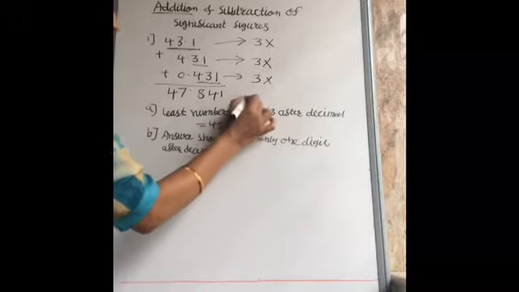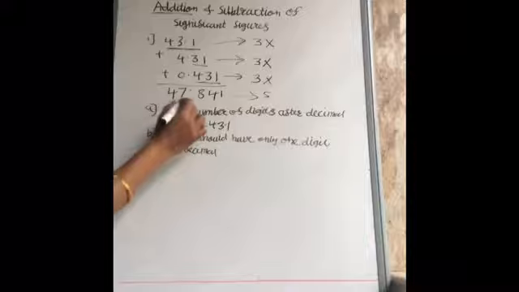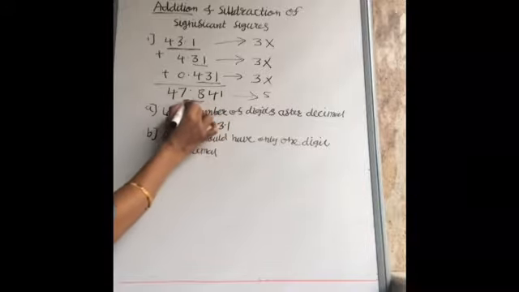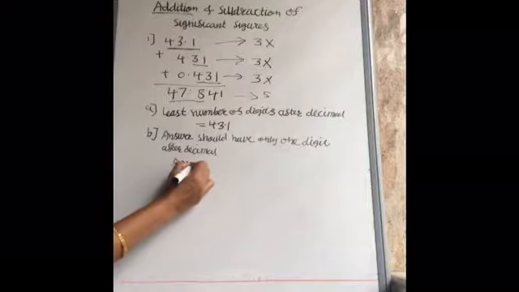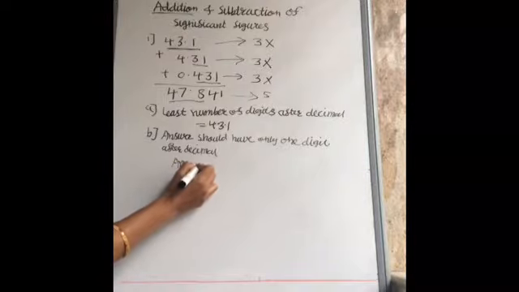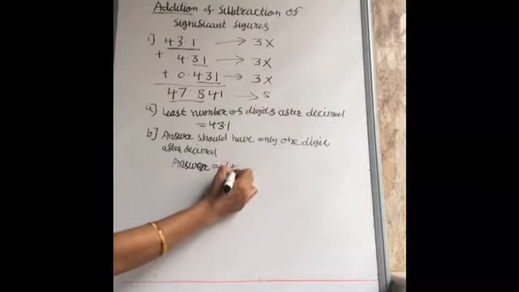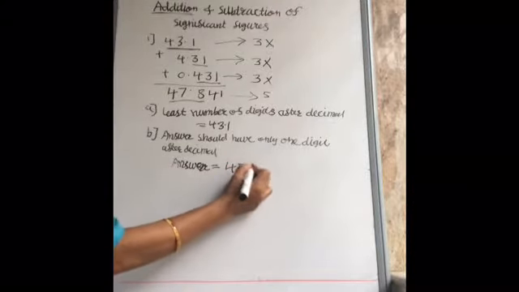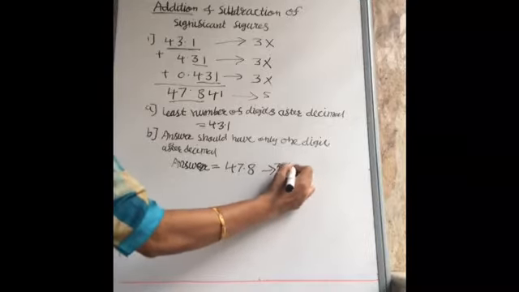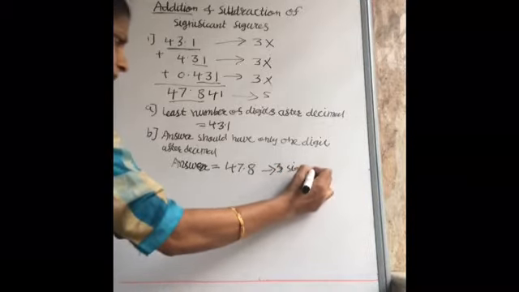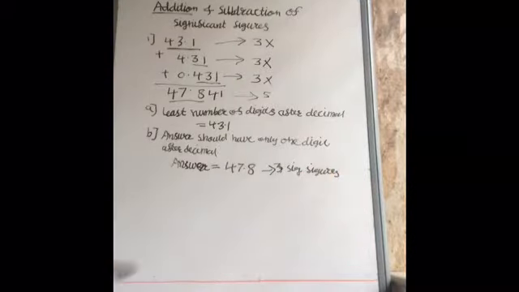Here the significant figures are 5, but after decimal you have only 1. So your answer is 47.8 having 3 significant figures.